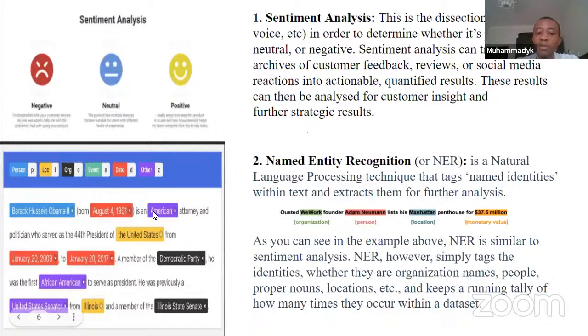America is the name of a country, United States as well. Then we have January is a date, Democratic Party. The system can tell us that is a political vocabulary and all of those. So that's about the named entity recognition.